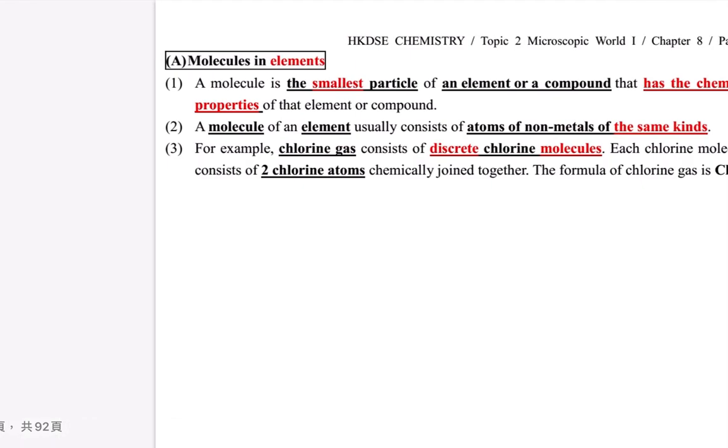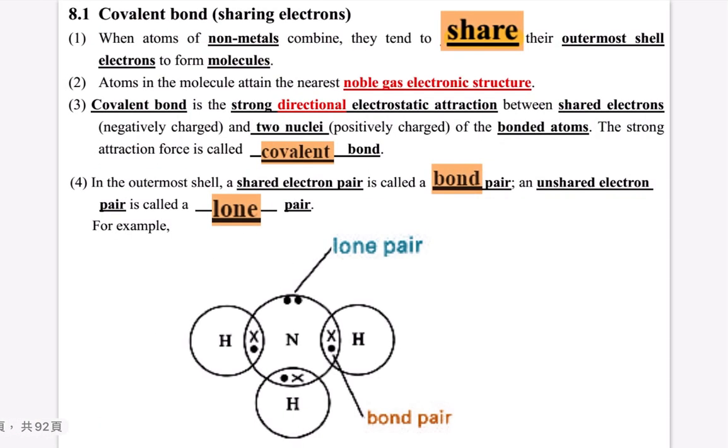Okay, let me tell you why for nitrogen and hydrogen it will form NH3 but not NH. So because for nitrogen, let us talk about the electronic arrangement first. For nitrogen it is 2, 5, and for hydrogen it's 1.